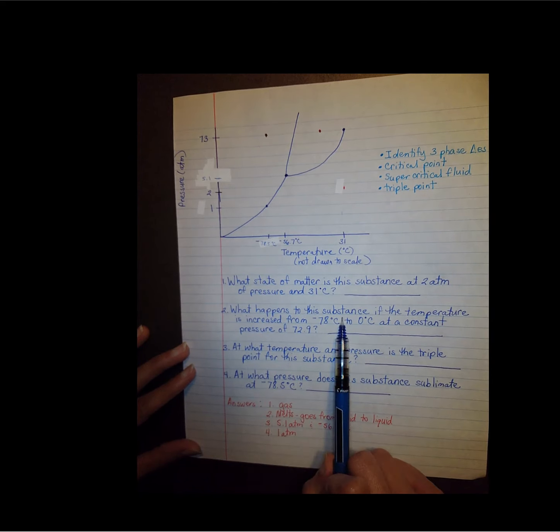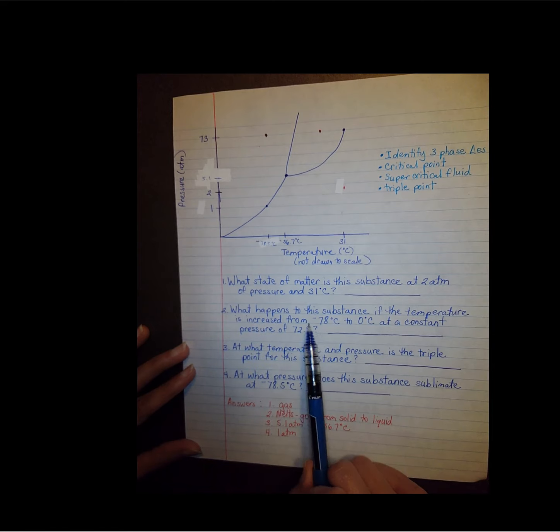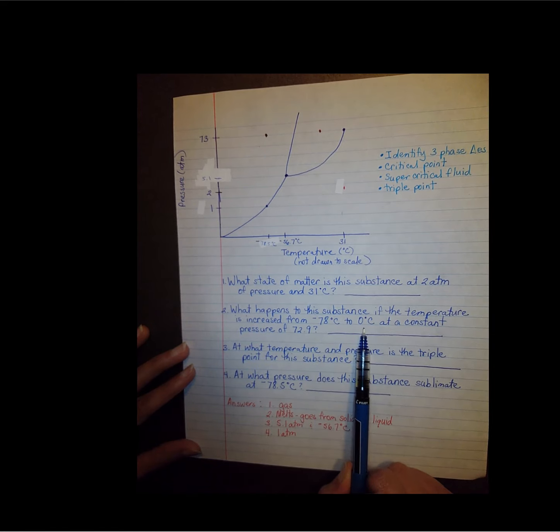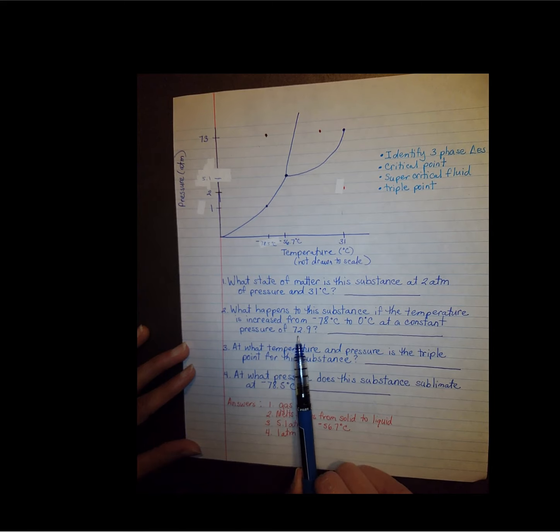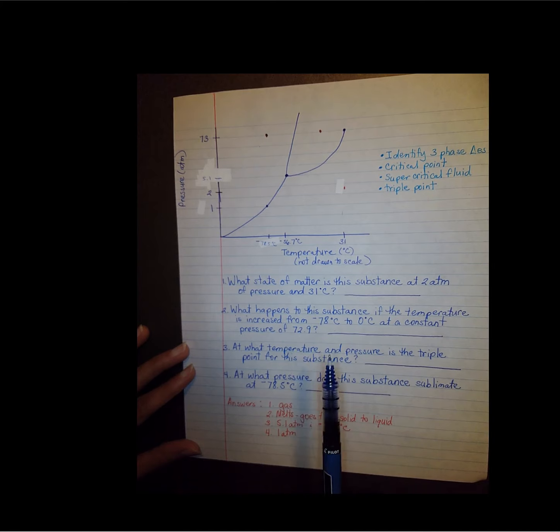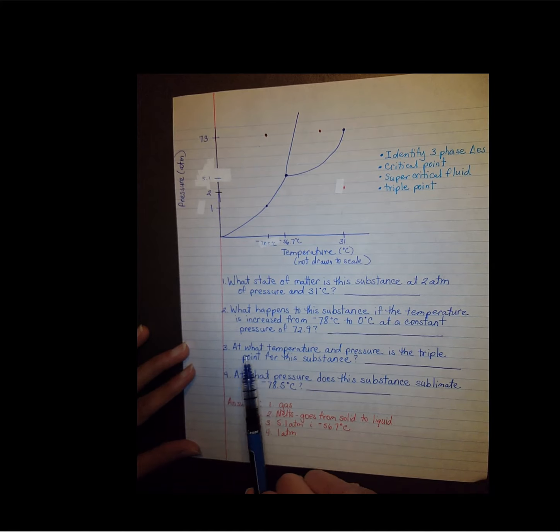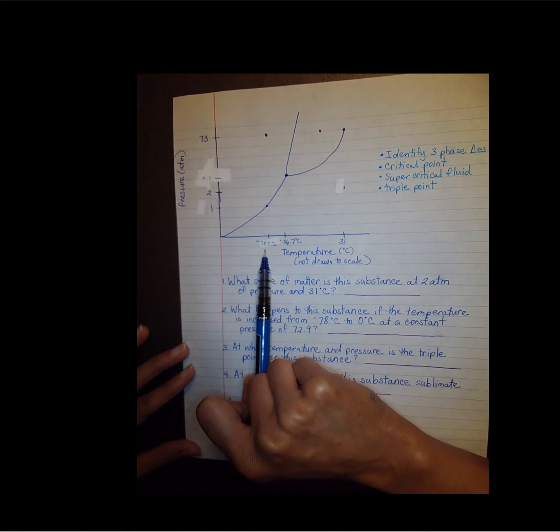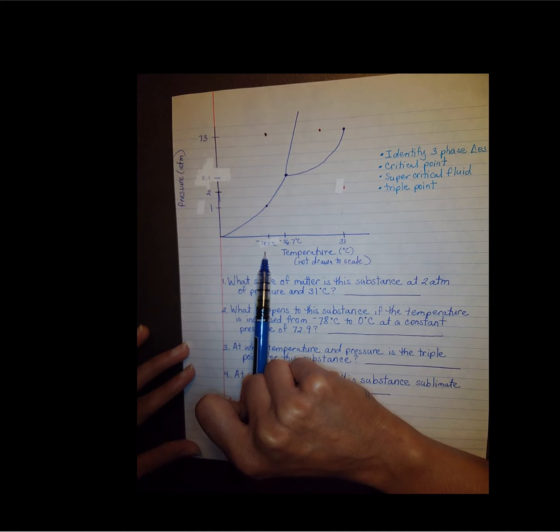What happens to this substance if the temperature is increased from negative 78 degrees Celsius to 0 degrees Celsius at a constant pressure of 72 atm?